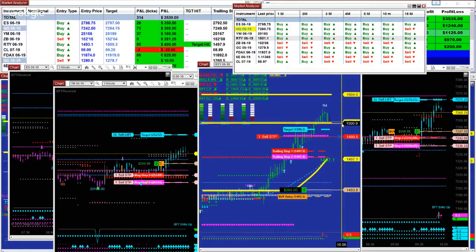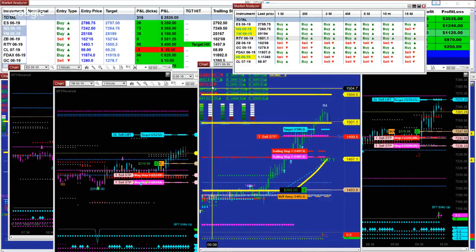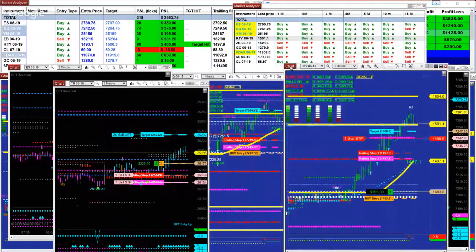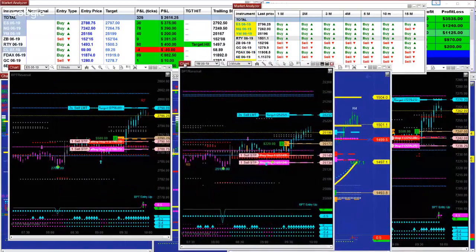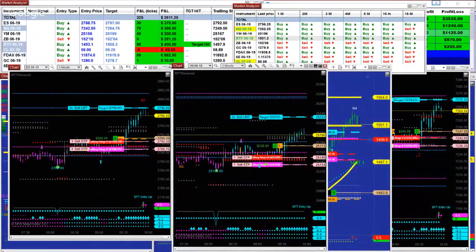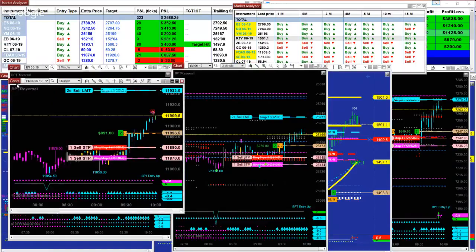And that's why 90% of retail traders dive into the negative with their accounts, because they are not familiar with the trading, or they are using the wrong tools.